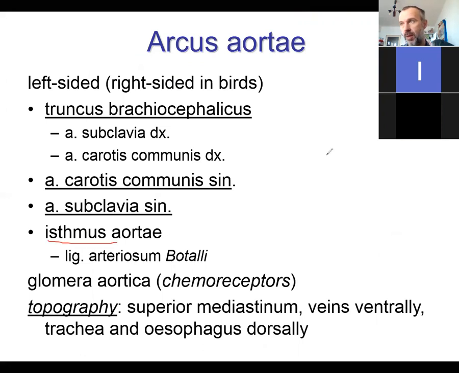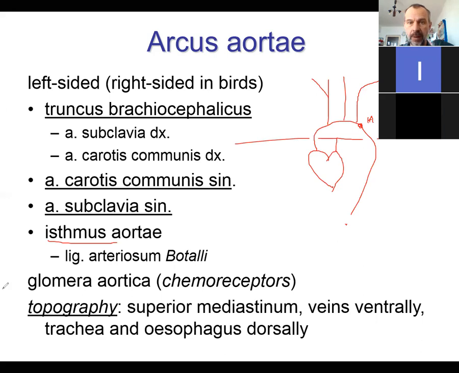When we have the heart and aorta, and the 3 main branches, then isthmus is this part, and it's usually the area where the ligamentum arteriosum attaches. Yeah, and it's a bit narrower, but only a bit.